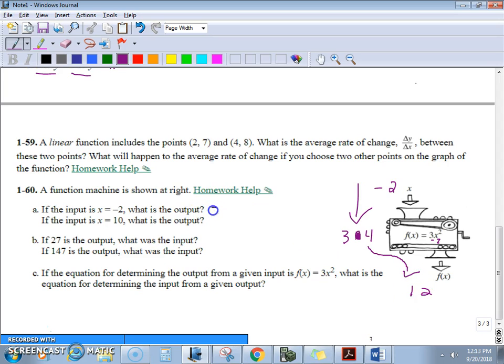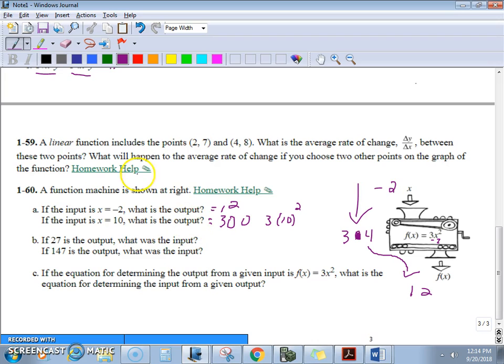Okay. If the input is 10, that ends up being 3 times 10 squared, which is 100, which means my output is going to be 300, right? Don't forget you do your exponent first, so 10 squared is 100, times 3.